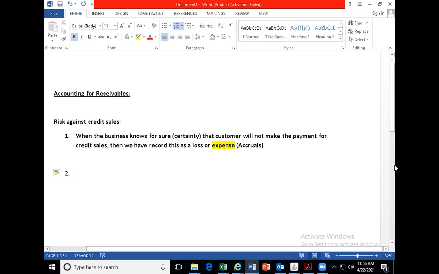Now, secondly, when the business is not sure or certain whether the customer will pay or will not pay, whether they will make the payment or not, there is no 100% certainty.